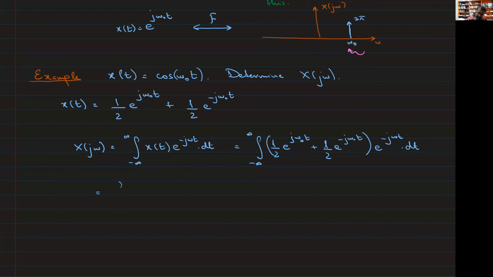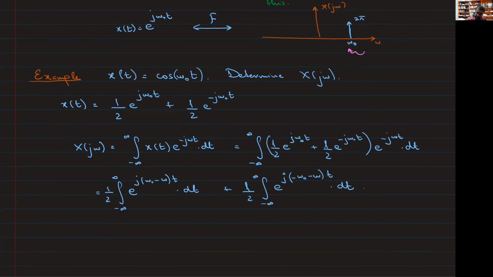And this is the integral from minus infinity to plus infinity of half e raised to power j (omega naught minus omega) t dt, plus half the integral from minus infinity to plus infinity of e raised to power j (minus omega naught minus omega) t dt.